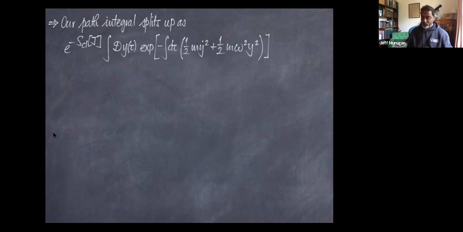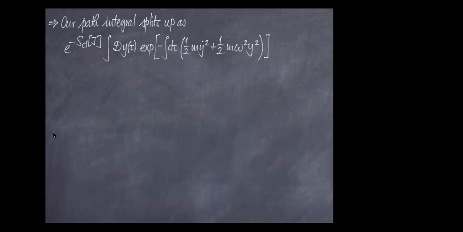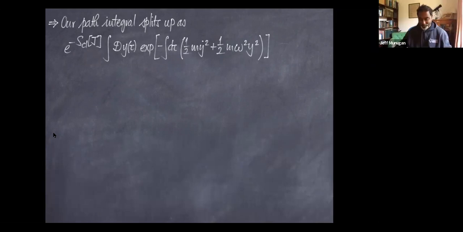Do you recognize what this is? See, the nice thing about having only two people in the room is I can call on you individually. Sebastian? The harmonic oscillator. It's just the harmonic oscillator, right? Which is exactly what you've just done. So this is just the harmonic oscillator path integral.